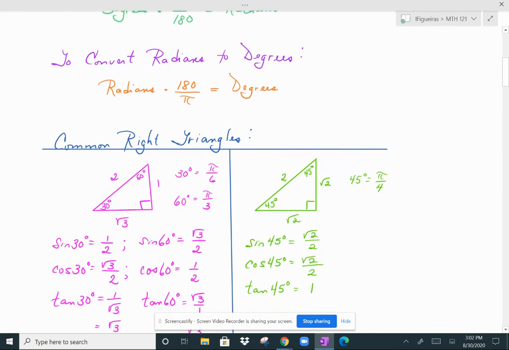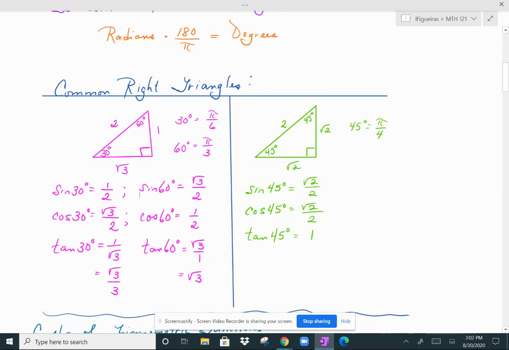So remembering that your 6 trig functions are based off of two sides of a triangle, sine is opposite over hypotenuse, so sine of 30 degrees is 1 over 2. Cosine of 30 degrees, that's adjacent over hypotenuse, so that's root 3 over 2.